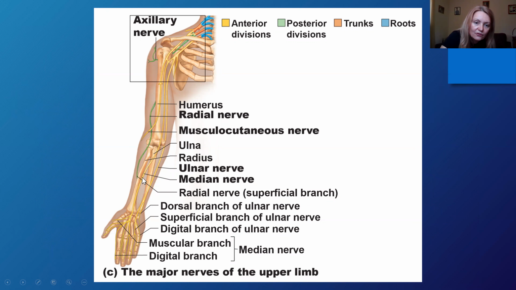Here's the median nerve right in the middle of your arm and forearm. Then the ulnar nerve will be on the ulnar side. Then the radial nerve comes from the posterior division, and the musculocutaneous is this one here that innervates your biceps brachii muscle. Right there.